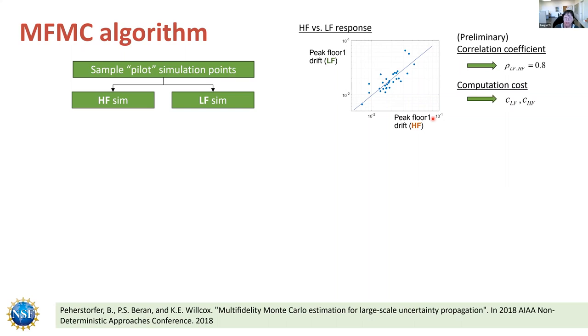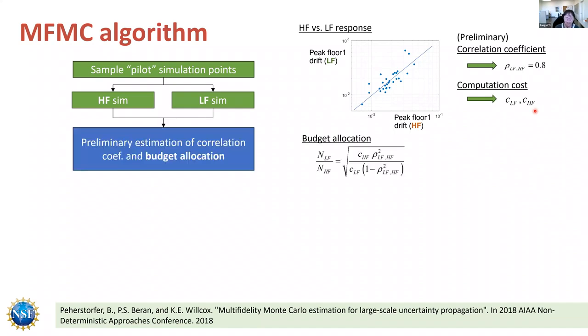We can also estimate the average amount of time needed to evaluate the low and high fidelity models. And using these two pieces of information, we can assign our computational resources to high and low fidelity models. That means we are deciding how many simulations we want to perform for low and high fidelity.